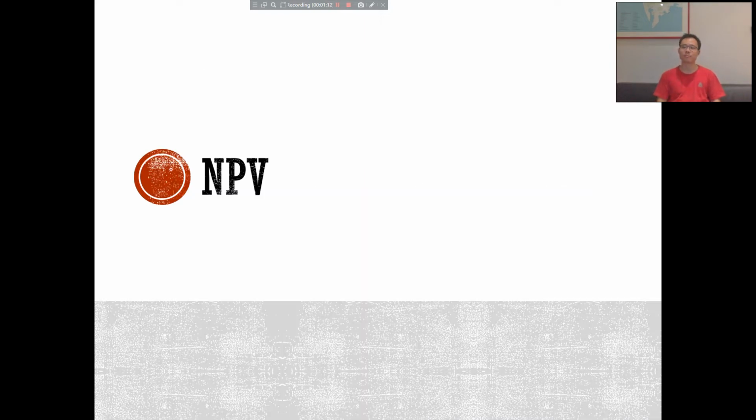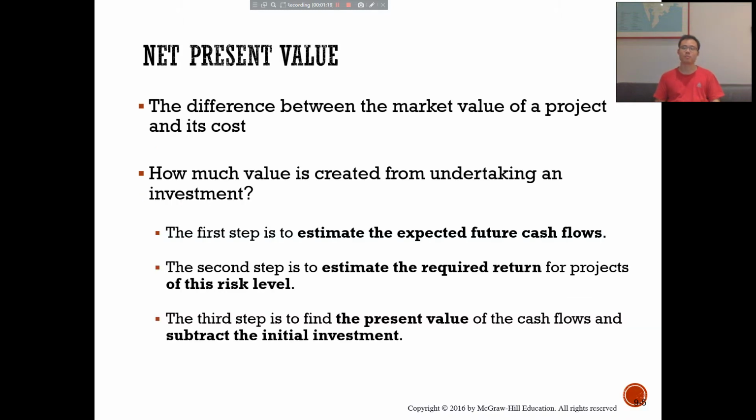The first one is NPV, net present value. We have learned what the present value is. Simply speaking, the present value of multiple cash flows is calculated by discounting each cash flow to its present value, then summing them up. The net present value is the difference between the market value of a project and its cost.